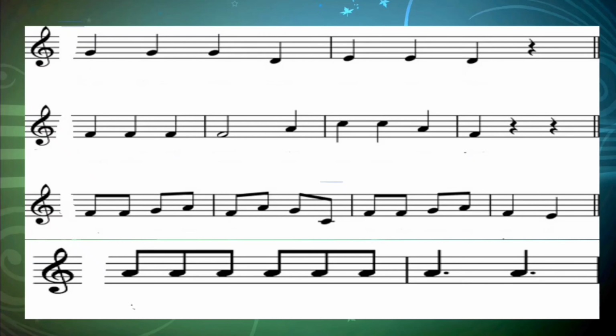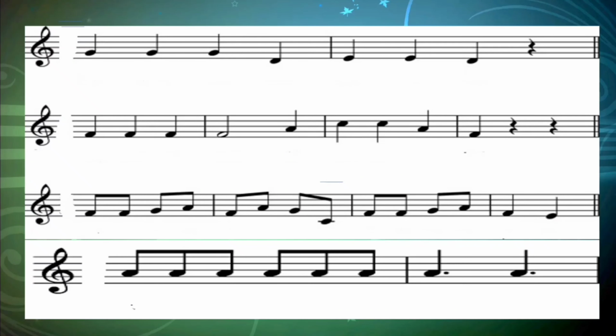How about in the number 3 example? In number 3, we have 4 measures. In every measure, how many beats do we have? Okay, we have 2 beats because every eighth note receives 1/2 beat.